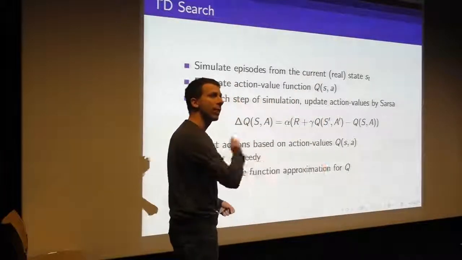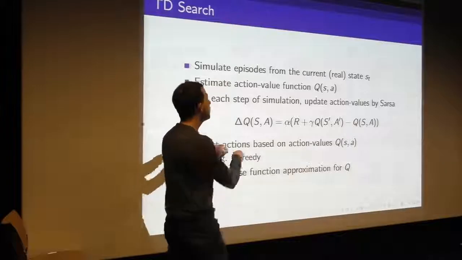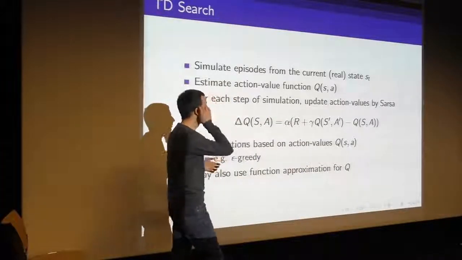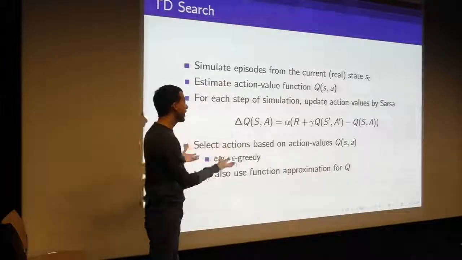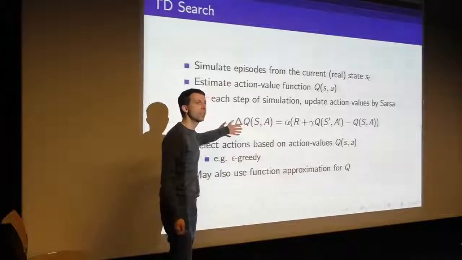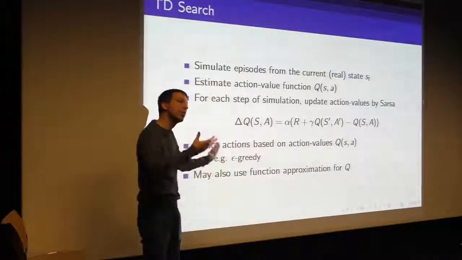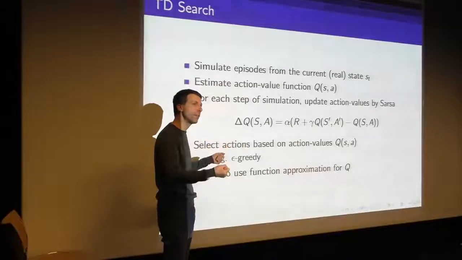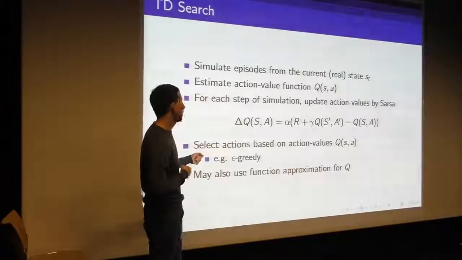You don't have to just run out new trajectories. So we update our action values by SARSA, for example, and we select actions by acting greedily with respect to our Q values, just as before. So the only thing we've changed from Monte Carlo search is the way in which we update our action values. We use temporal difference learning instead of Monte Carlo learning.